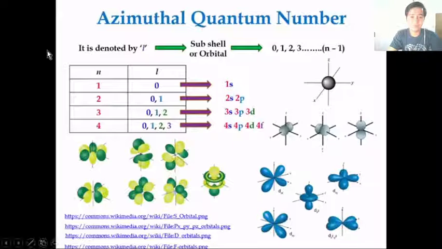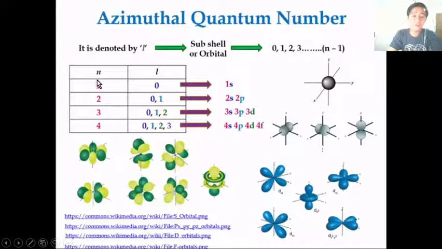The L value would be 0 or 1. Why? Because 2 minus 1 is equal to 1. So that means the allowed azimuthal values for energy level 2 are 0 and 1. So we always include 0.